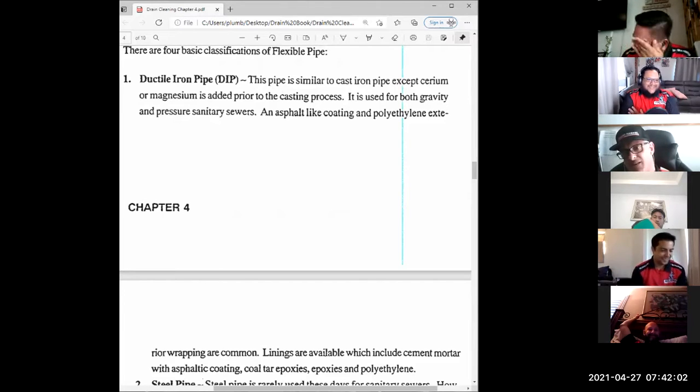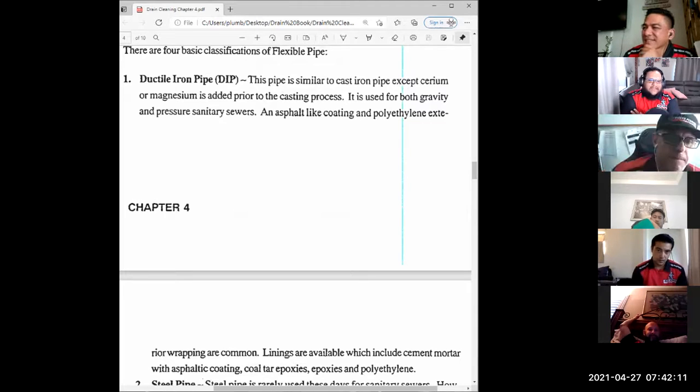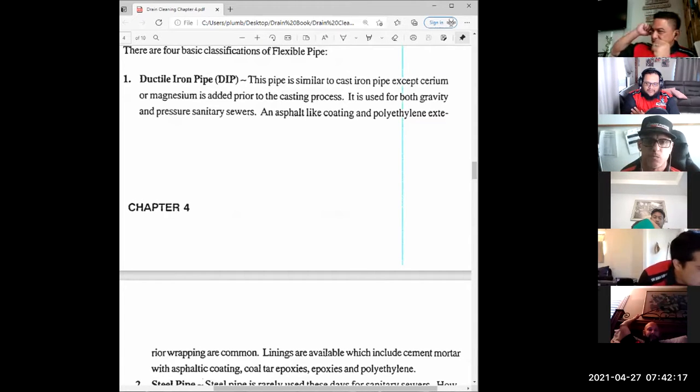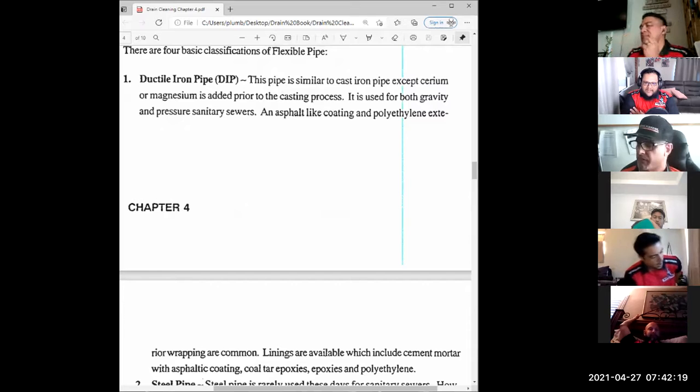So I tried looking up the word ductile, another term they use for flexible. So that's a pretty tough pipe. We deal more with ductile iron here as more of a main water line on Maui. I don't think I've ever seen ductile iron as a drain line here on Maui.